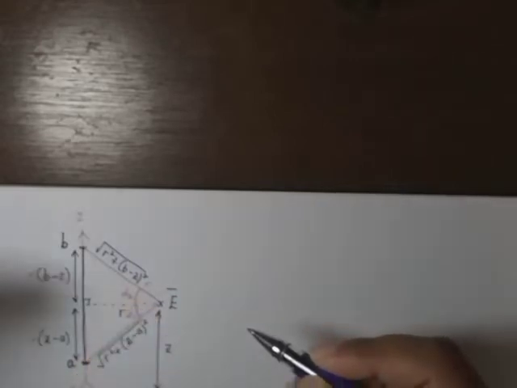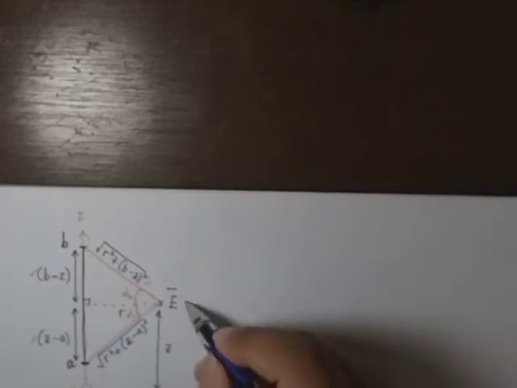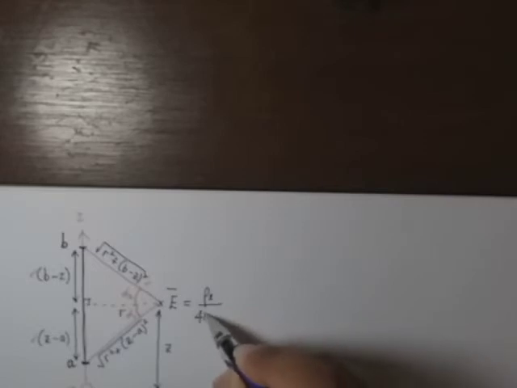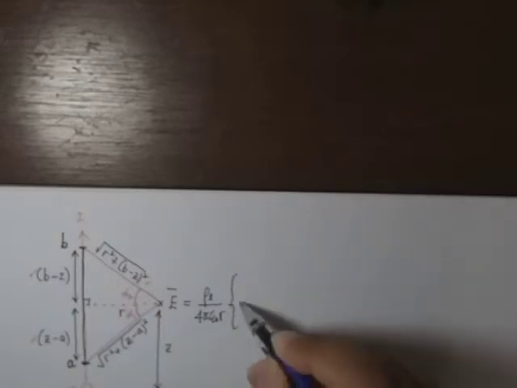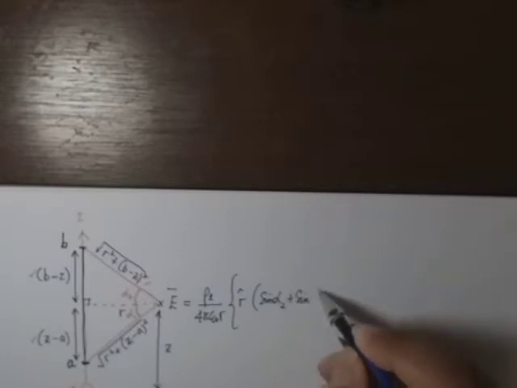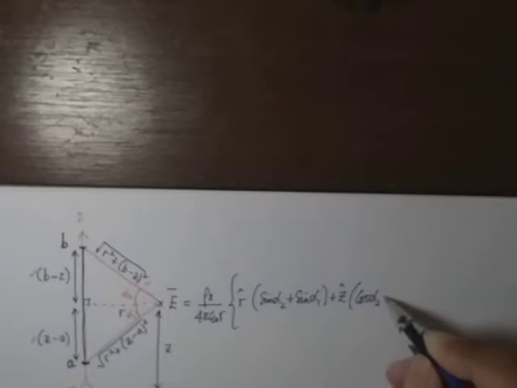When we have a finite line charge problem, the standard solution is going to be E equals rho L divided by 4 pi epsilon naught r, and then we have the r component, sine alpha 2 plus sine alpha 1, plus the z component, cos alpha 2 minus cos alpha 1.